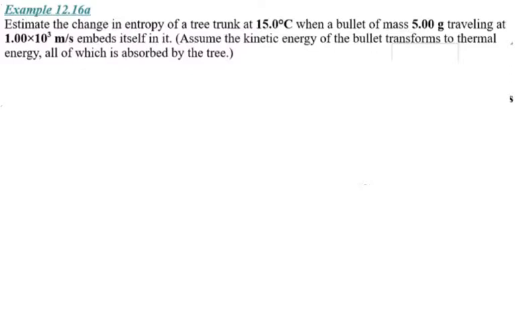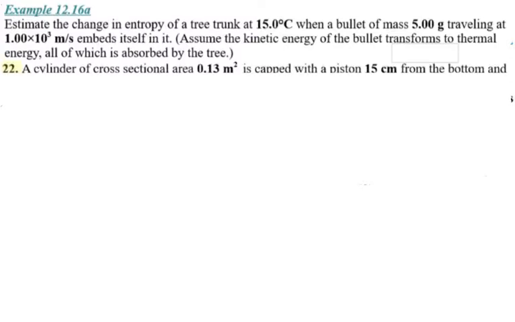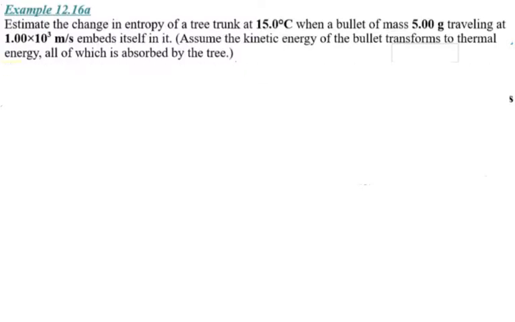Here's one more example. They say estimate the change in entropy of a tree trunk at 15 degrees Celsius when a bullet of mass 5 grams traveling at a speed of 1,000 meters per second embeds itself in it, and assume that all the kinetic energy of the bullet transfers into thermal energy, all of which is absorbed by the tree. At first I'm going to calculate how much kinetic energy the bullet had.